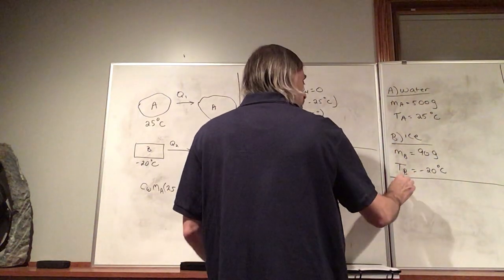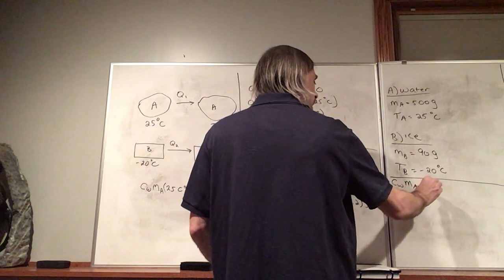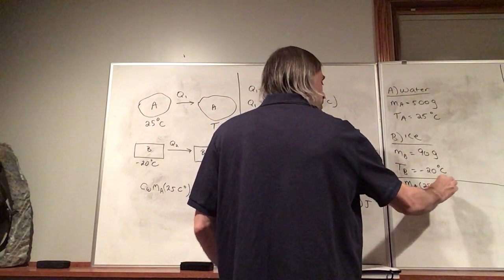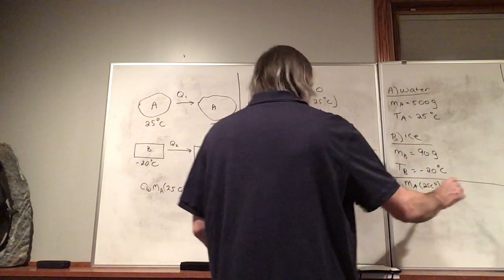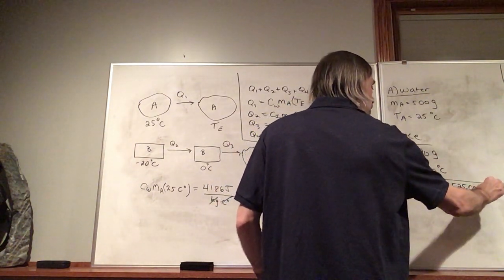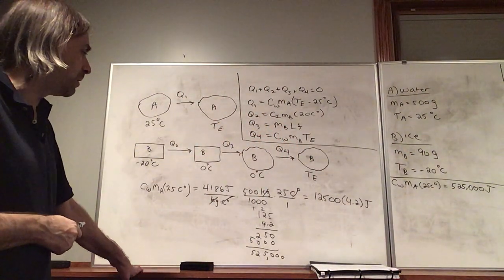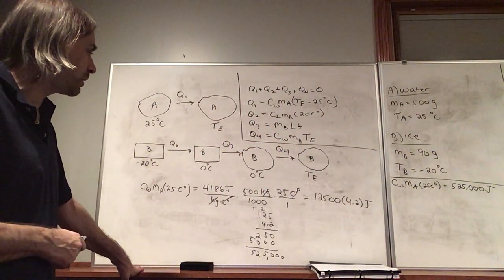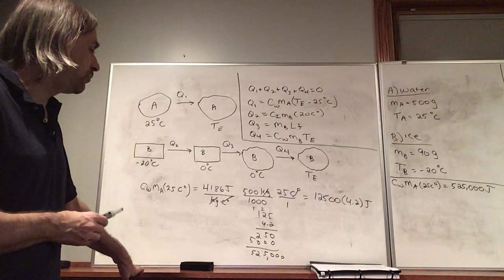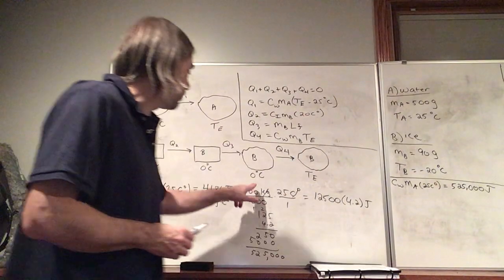So I'm going to write this off to the side. So we have CW MA times 25 Celsius degrees, 525,000 joules. So that's a pretty big number. Let me just double check that. 25 times 5, 125 times 100 for that.